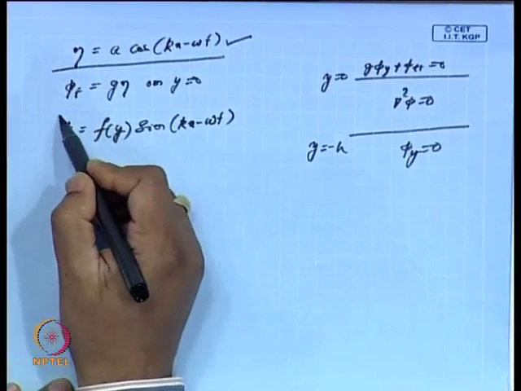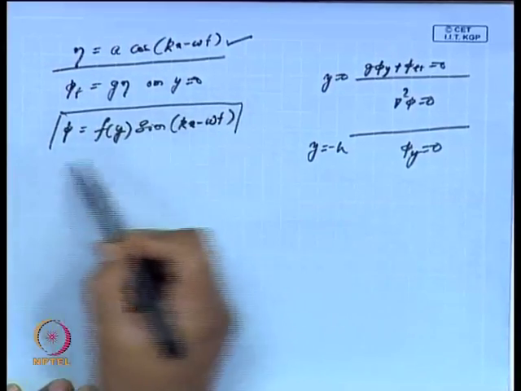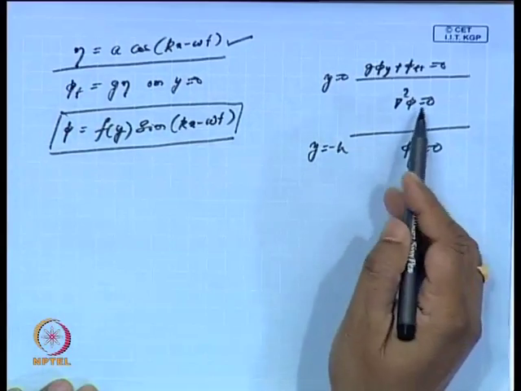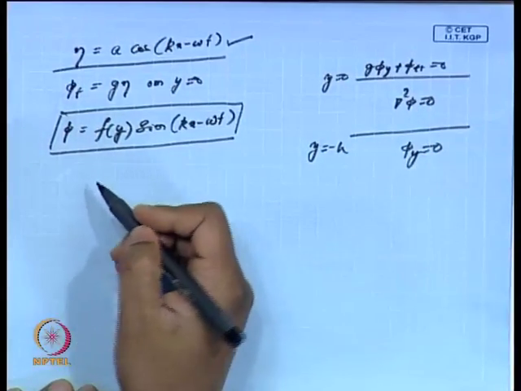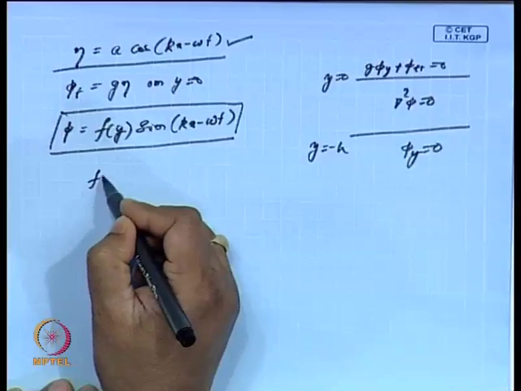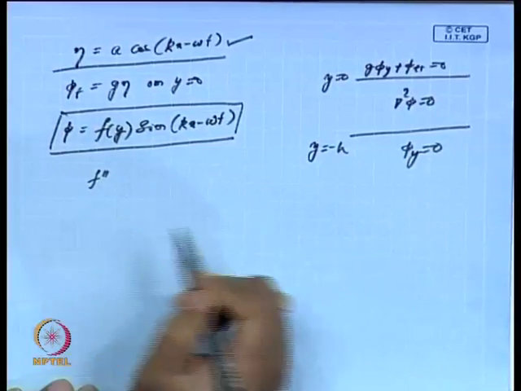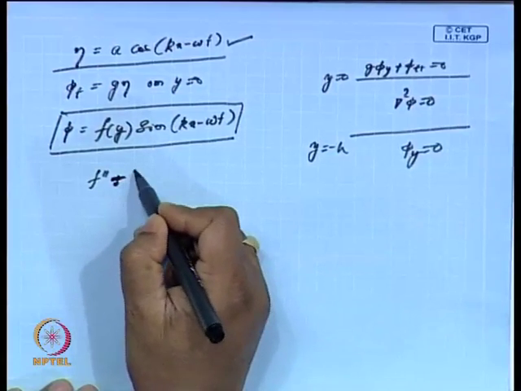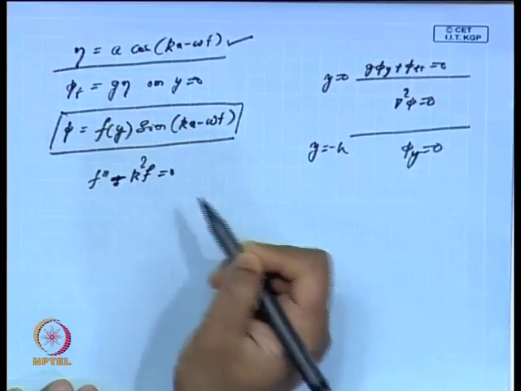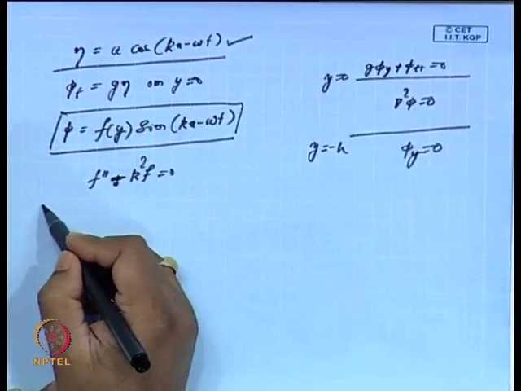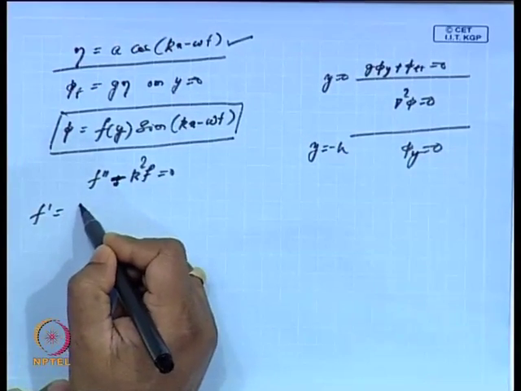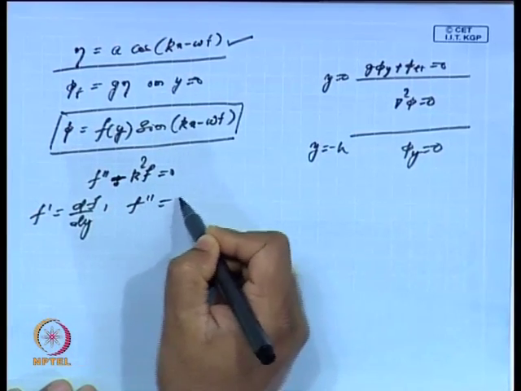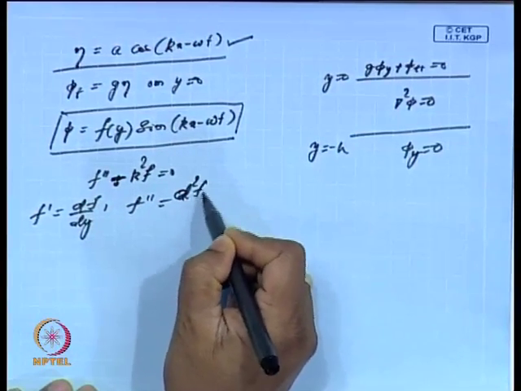So, because of this I have assumed that phi is of this form, and also now phi satisfies the Laplace equation. If it has to satisfy the Laplace equation, then f has to satisfy f double dash minus k square f is equal to 0, where f prime is d by dy of f, and f double dash is d square f by dy square.